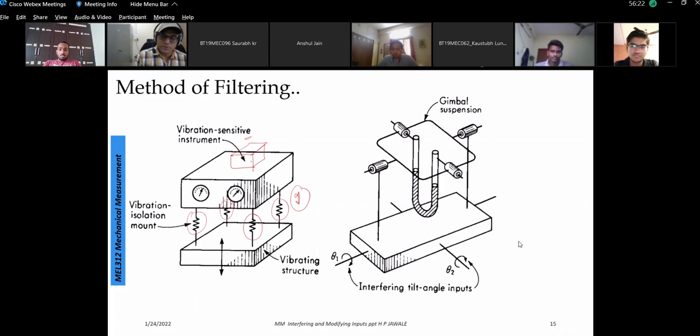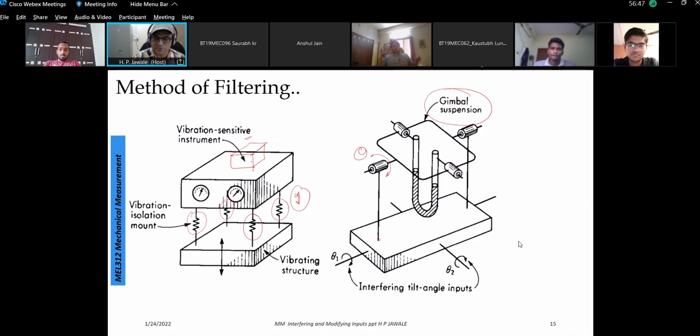Similarly, because of tilt, say for example the earlier pressure measurement device, if it is used on some ship or some aeroplane, then we find there is a change in the tilt angle. Then we can use this kind of gimbal support or gimbal suspension. Now the platform on which the instrument was originally kept is made to have the gimbal suspension so that it can have the movement.